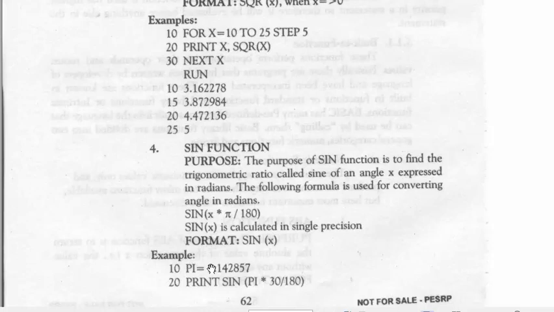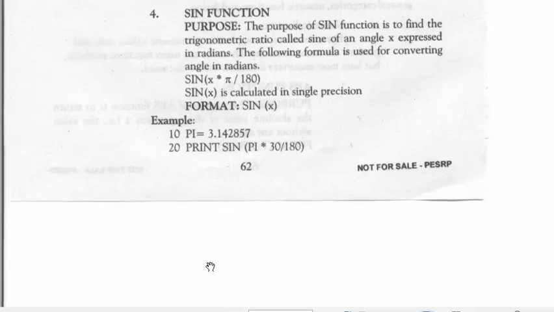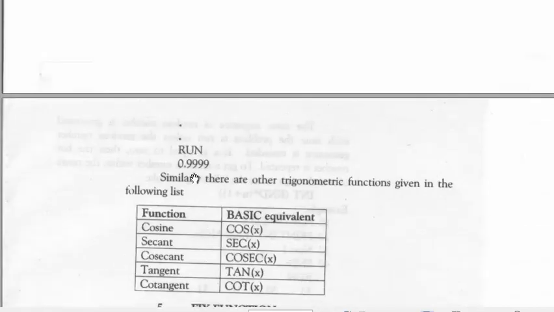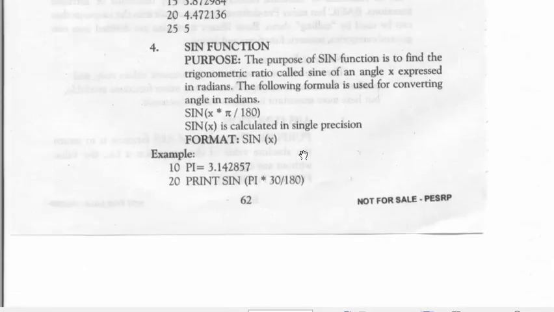Example: pi = 3.142857. Print SIN(pi multiplied by 30 divided by 180). Run. Answer is 0.9999. Similarly, there are other trigonometric functions given in the following list: cosine COS(X), secant SEC(X), cosecant CSC(X), tangent TAN(X), and cotangent COT(X). So the way of finding the value is the same.